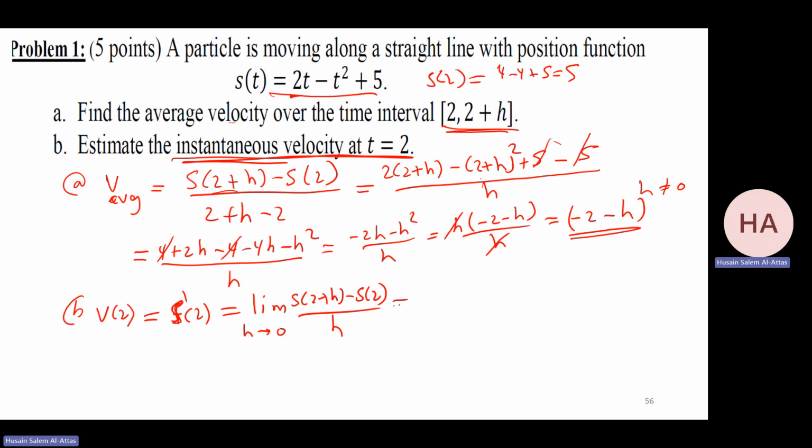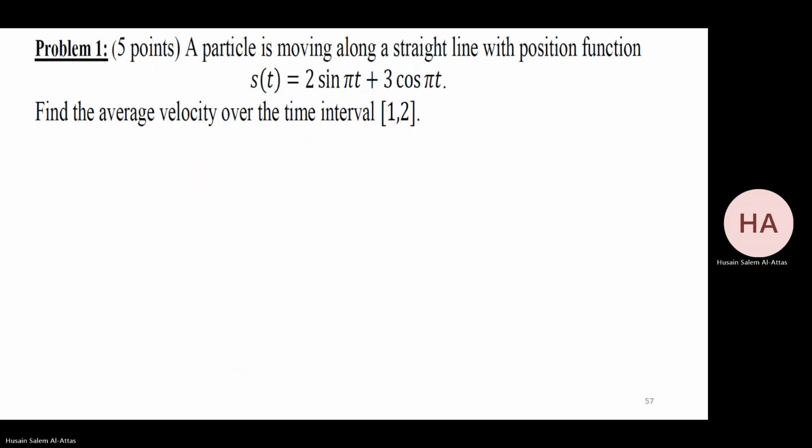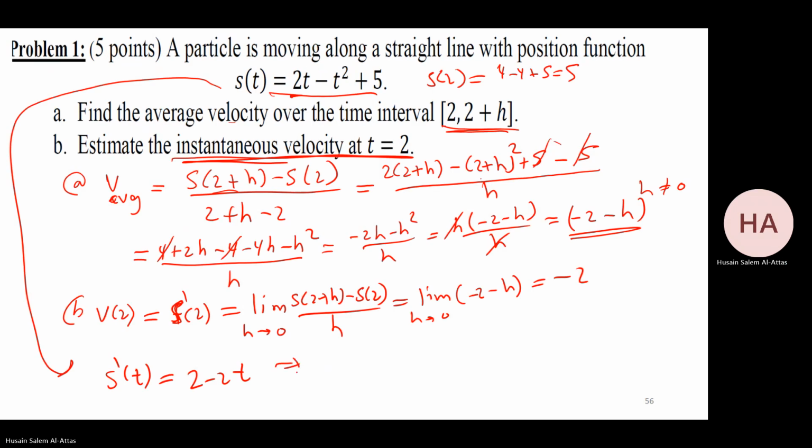I know this is the difference quotient. Distribute the limit to get minus 2. You can check it. Yes. I know how to find S prime at t, which is what? 2 minus 2t. What will be S prime at 2? 2 minus 4, which is minus 2. Same answer.